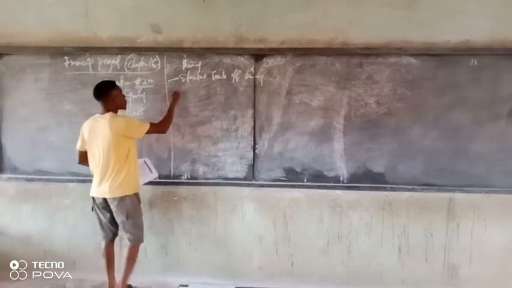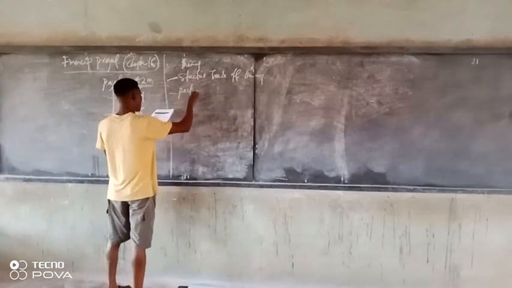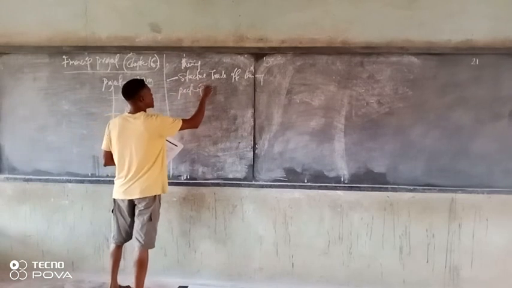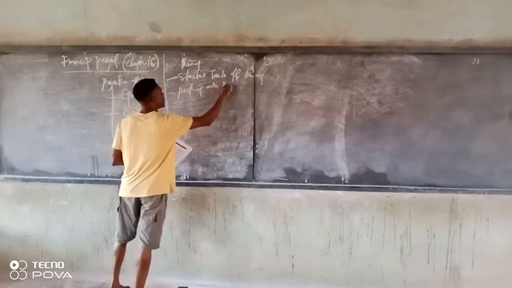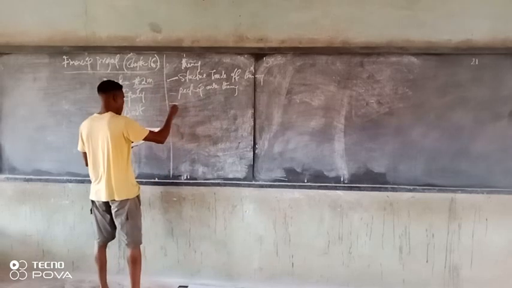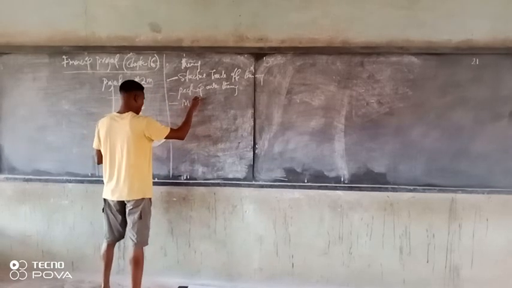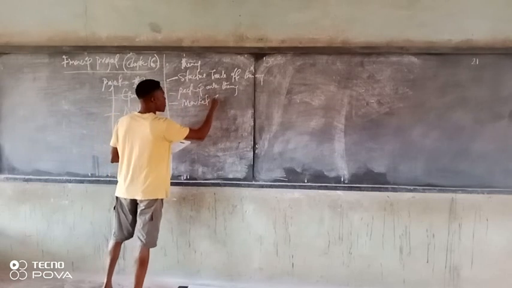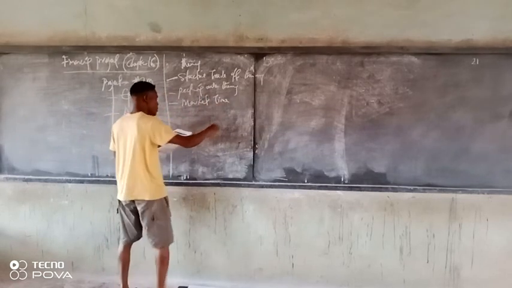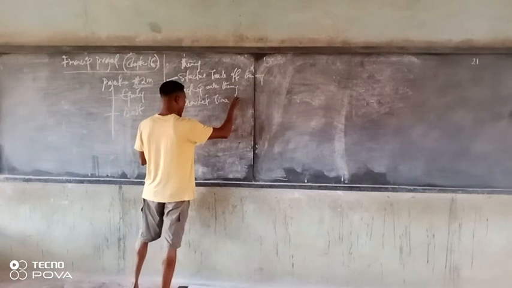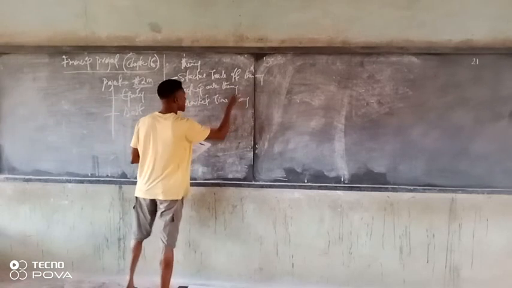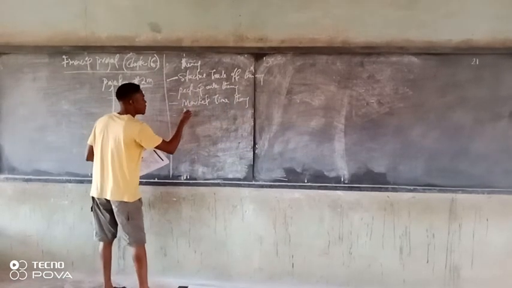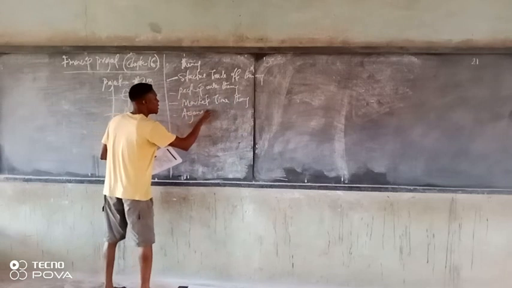Number two is the pecking order theory. Then the next is market timing theory. There's another one which is called agency theory.